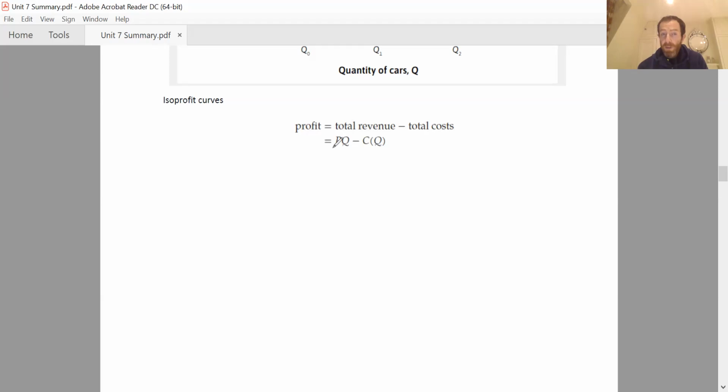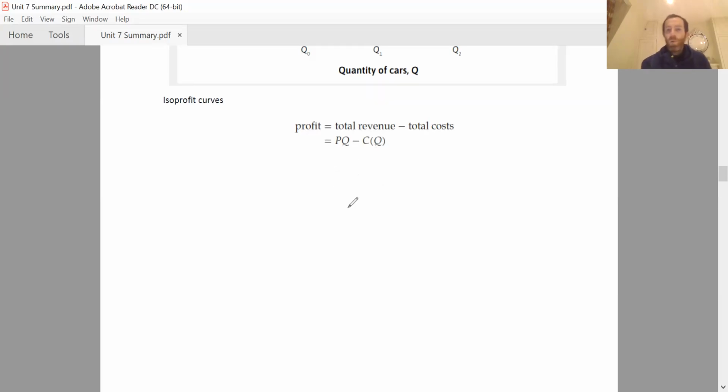So their total revenue is going to be the price for each unit of output multiplied by how many units of output they sell. And then their total costs are given by this. Now, this just represents the cost function, right? It's written C of Q, meaning this is going to give us the total cost for producing Q units of output, all right?